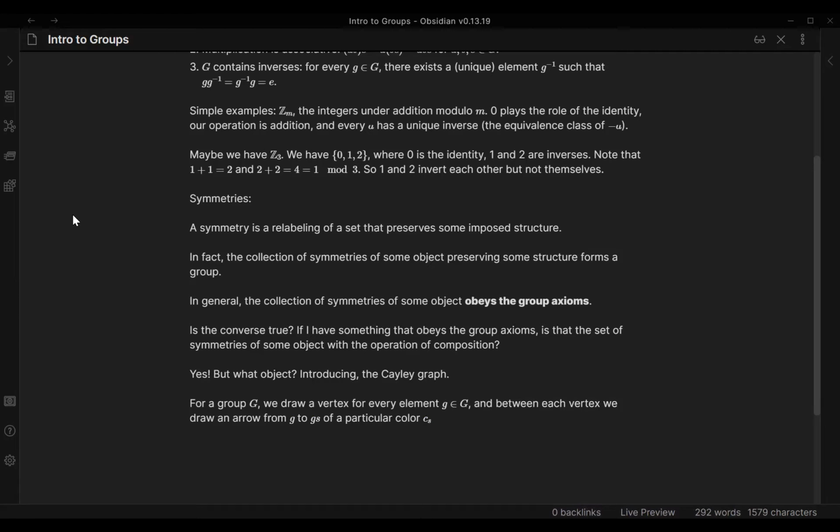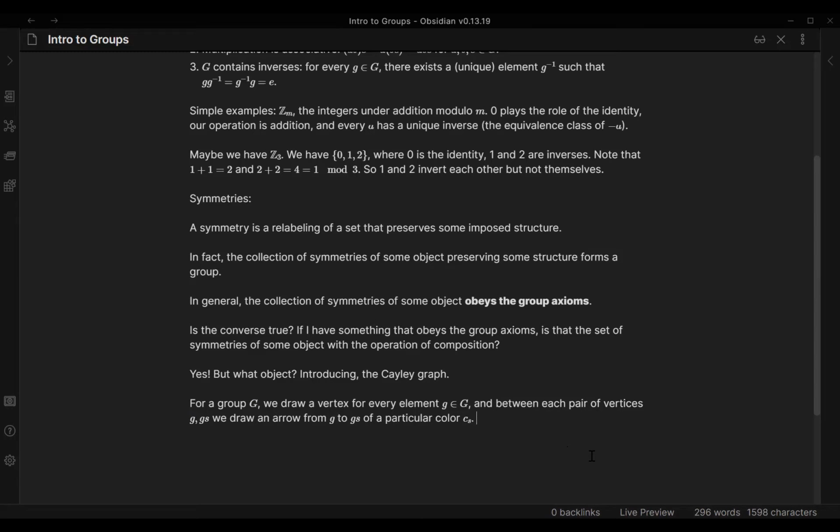Yeah, well, this is a complete sentence. Why is this a complete sentence? Because between each pair of vertices g and gf, we have some group element g and some group element f.